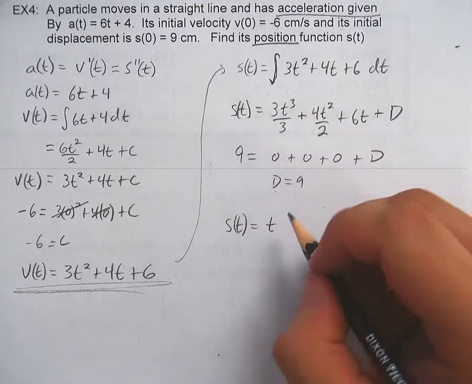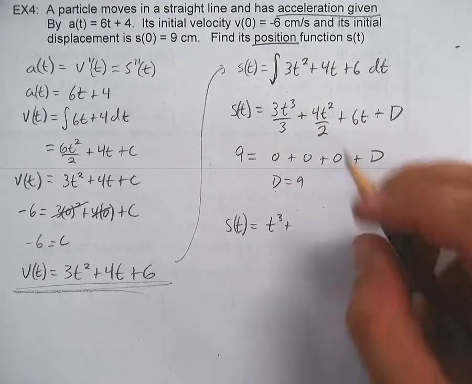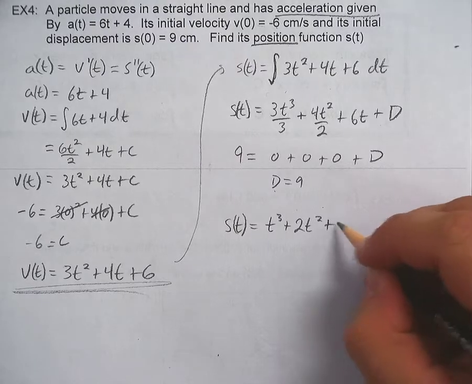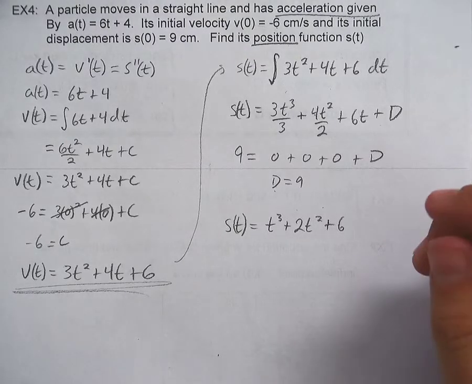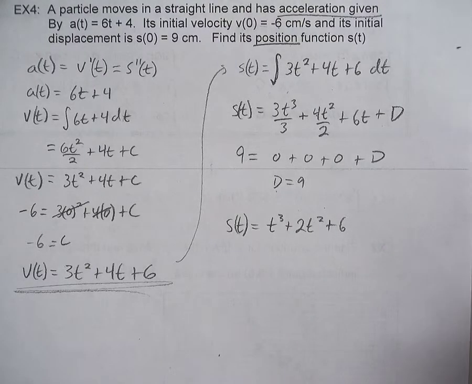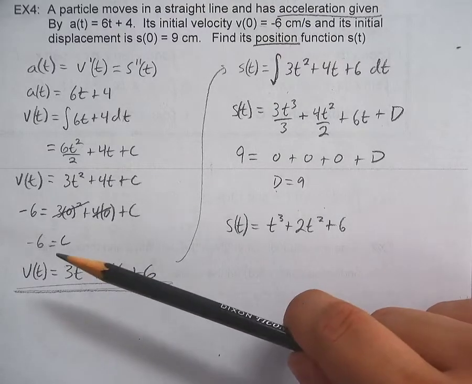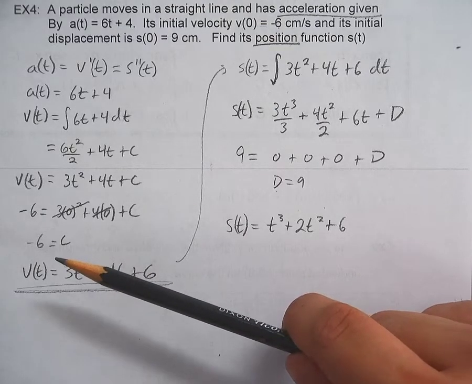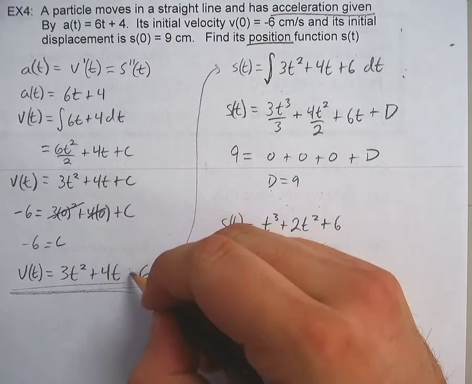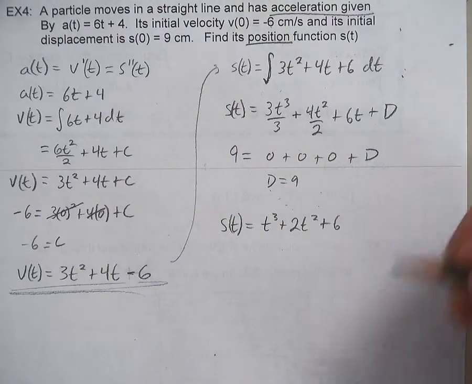And your big answer here, s of t, your position. Simplify this. This is t cubed plus 2t squared plus 6t. Wait. Oh my gosh, I can't believe I did that. I forgot that's a negative. That's okay, it doesn't change a lot. This is just going to be a minus. I'm so sorry. This is a minus, and it makes all your 6's minus here.